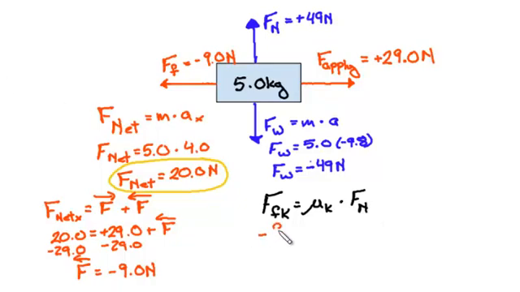So let's see, my force of friction is negative 9, and that's in the x-axis. I'll make it red. Mu kinetic actually doesn't have an axis at all. Force normal does, so I'll make it in blue, 49 newtons. In order to get mu kinetic all by itself, I'll divide the right and the left by 49 newtons, leaving me with mu kinetic of.